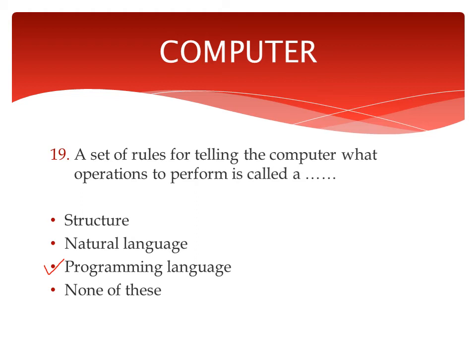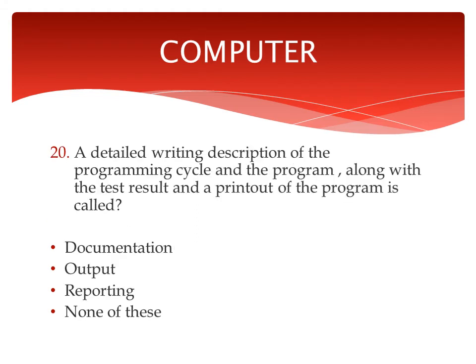Correct answer is programming language. 20th question: a detailed written description of the programming cycle and the program, along with the test result and a printout of the program, is called first, documentation; second, output; third, reporting; fourth, none of these. Correct answer is documentation.